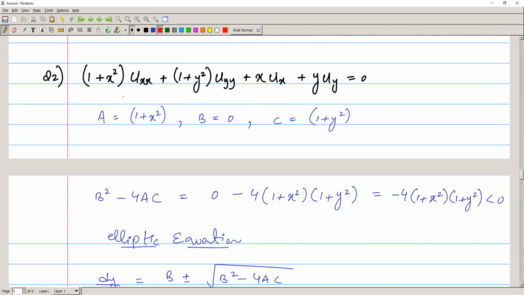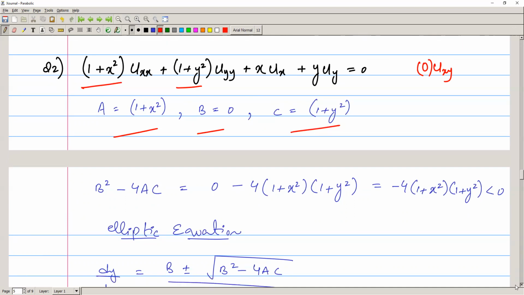So the coefficient of uxx is 1 plus x squared, the coefficient of uyy is 1 plus y squared, and the coefficient of uxy is 0 because uxy is absent, right? So a is equal to 1 plus x squared, b is 0, and c is 1 plus y squared.